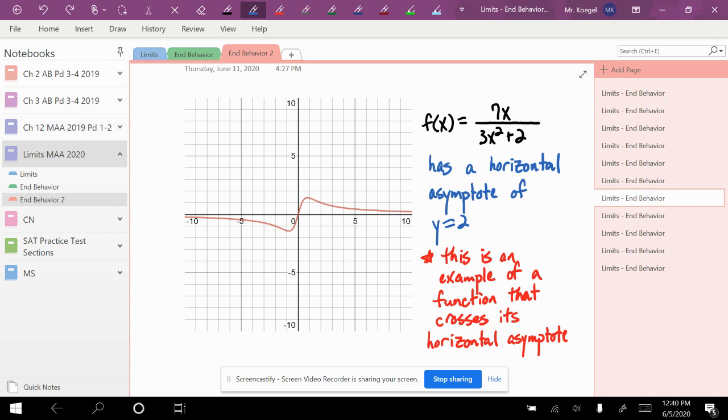You may not have been exposed to graphs that cross their horizontal asymptote before, but you have to remember that your experience with these things, regardless of how well you're doing in class, is limited because we're not even done with math analysis yet. So you haven't been exposed to every situation that's out there. So remember, a function can cross its horizontal asymptote. Here we have an example thereof.